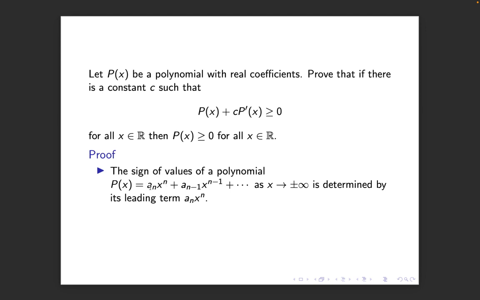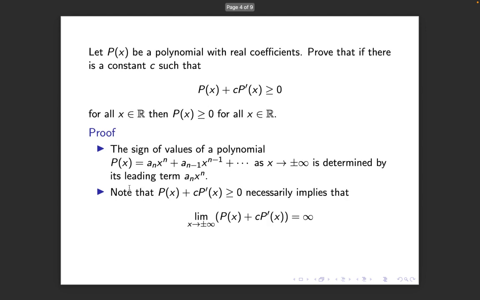For example, if a_n is positive, as x goes to infinity, this will go to infinity faster than the rest, and therefore p of x will go to plus infinity. If a_n is negative, as x goes to plus infinity, the polynomial will go to minus infinity, and so on. So it's really the leading term of the polynomial that determines the sign of the values of p of x whenever x goes to plus or minus infinity.